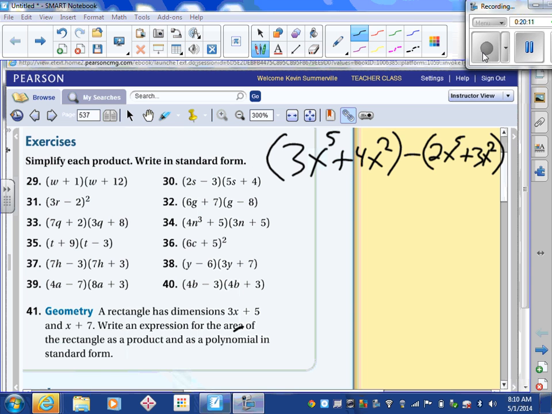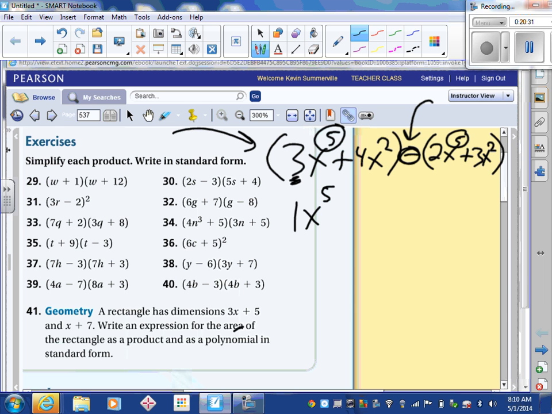Let's take a look at this problem right now. Same type of problem, but now there's a minus sign, which means I'm subtracting the numbers. Highest exponent to lowest. x to the fifth power, x to the fifth. 3 minus 2 is 1x to the fifth power. 4x squared minus 3x squared is 1x squared.